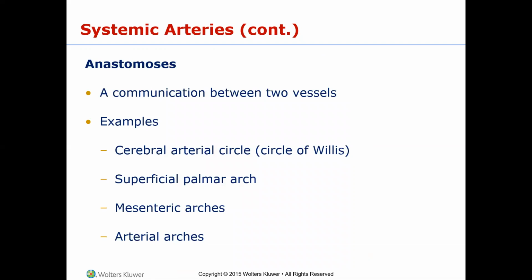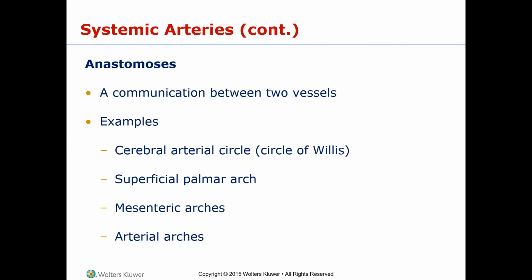And now, an anastomosis, you might run into this in the future, but basically, what you need to know about an anastomosis is just a communication between two vessels where they come together, and an arterial anastomosis is going to reach all of the organs that are vital, and there are several different anastomoses that exist.